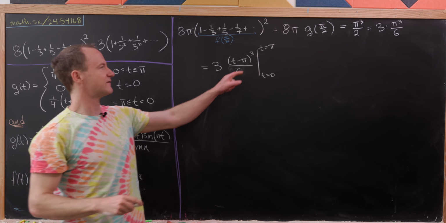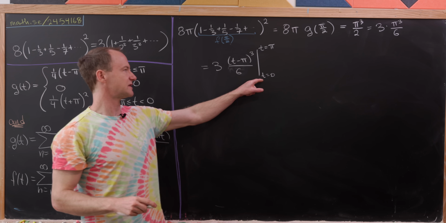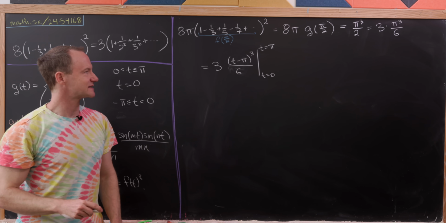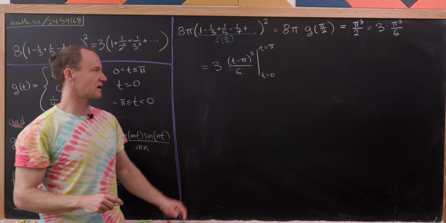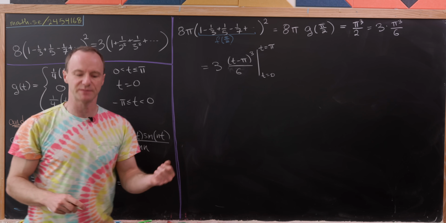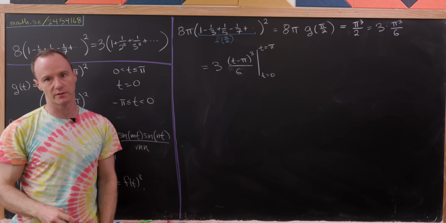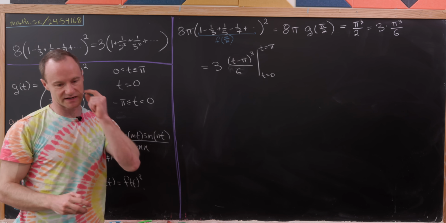And so obviously evaluating that at t equals pi will give us 0. Evaluating that at t equals 0 will give us a negative pi cubed over 6, but it's the lower bound of evaluation, so that picks up a minus sign.